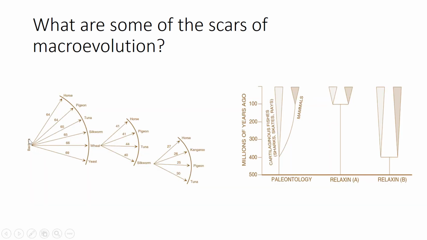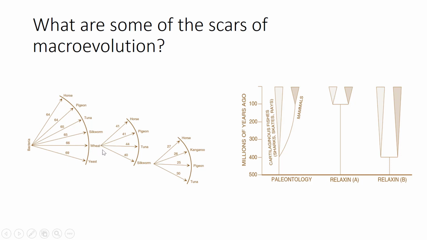So here are these bacteria. If you trace them to any non-bacterial organism, whether it be a horse, a pigeon, a tuna, a silkworm, very different groups of life, the bacteria basically contain the same number of differences from all these non-bacterial forms. And we have the same relationship.